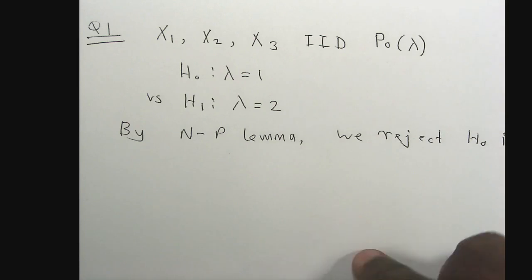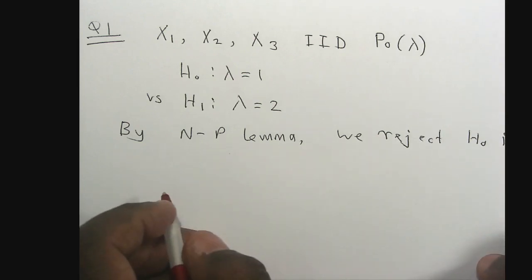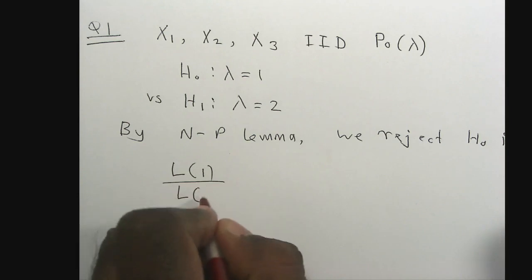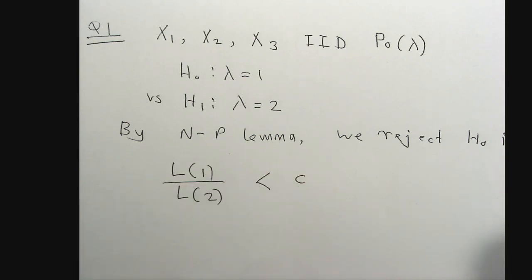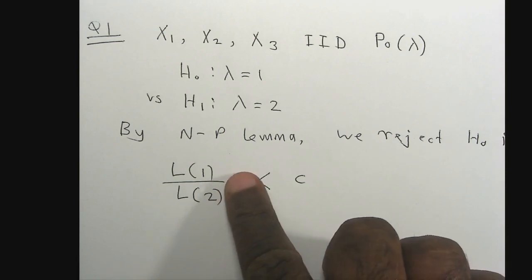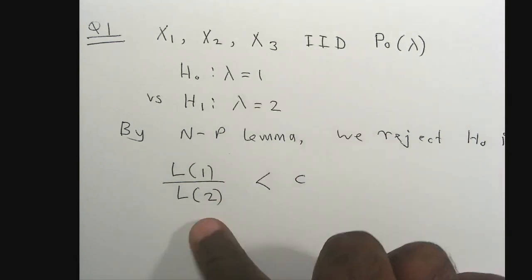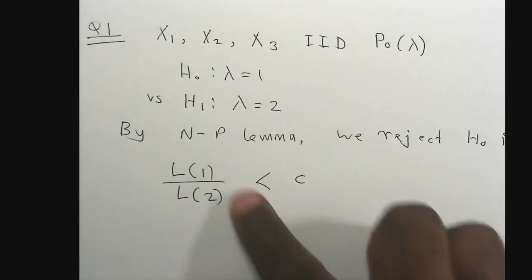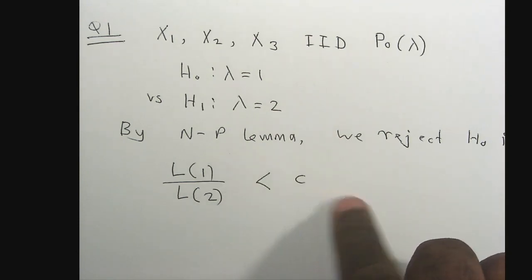if you look at the last page of the lecture notes, you will see the rule for rejecting is like this. It's the ratio of the likelihood: on the top is the likelihood under the null hypothesis divided by the likelihood under the alternative hypothesis, less than a constant c, right?